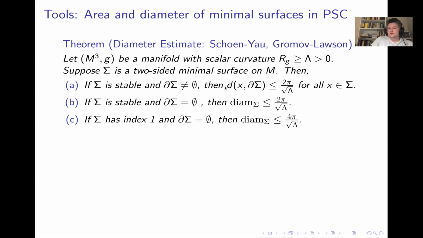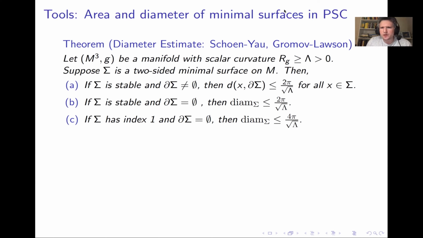In the case when the surface doesn't have boundary, then a basic application of part A gives me that the diameter has to be bounded from above. And when sigma has index 1, and also no boundary, then I get a slightly larger, but still a diameter bound.